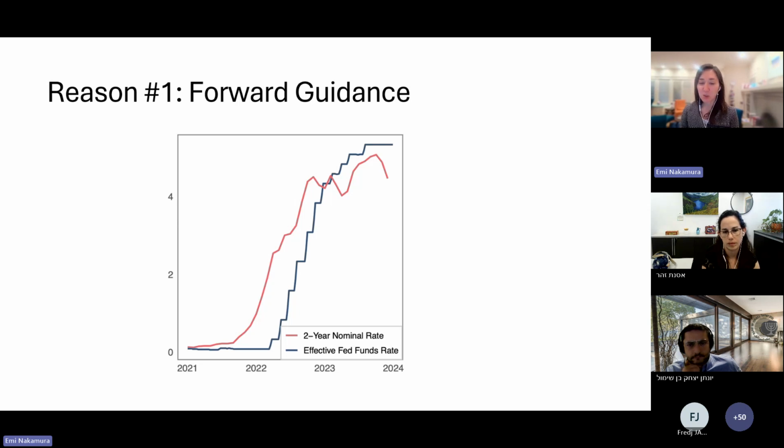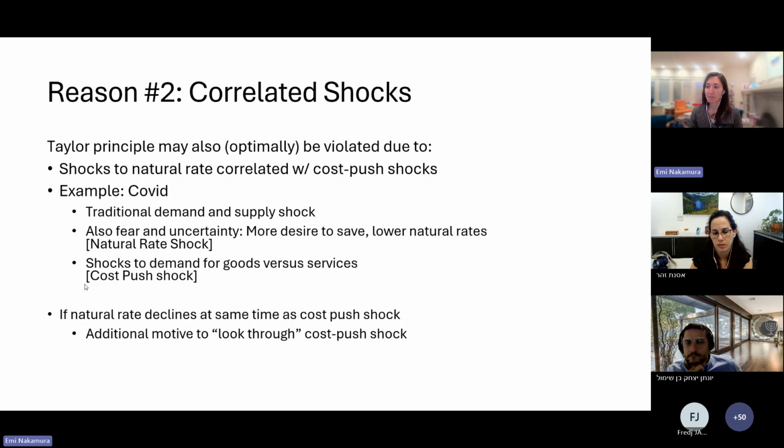But this means that the two movements, inflation and interest rates, don't necessarily happen simultaneously. So there's a big inflation surge. In this episode, people anticipated that the Fed would respond, but they didn't do it right away. And this is something that can lead to Taylor rule violations.